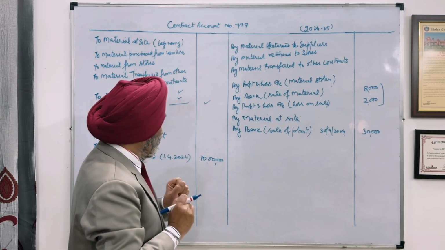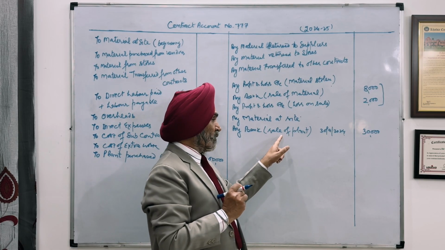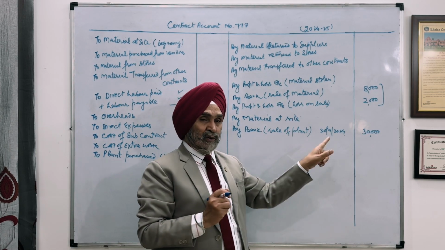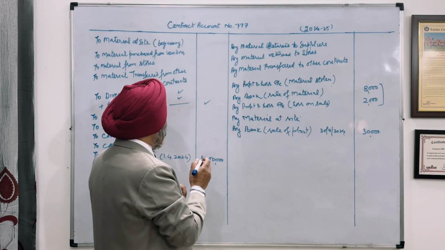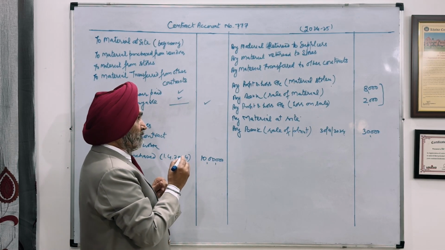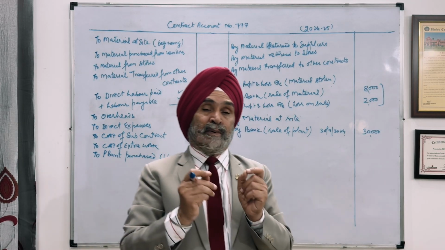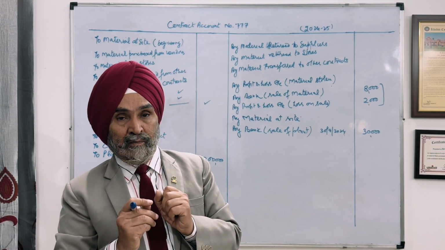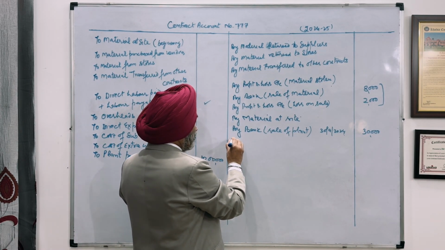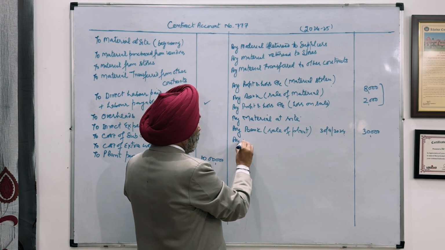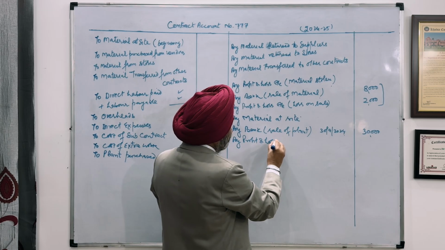So that means we have to calculate the written down value of the plant sold. Its cost was 50,000. The rate of depreciation will be given to us, say 10% per annum. So we will calculate the written down value.